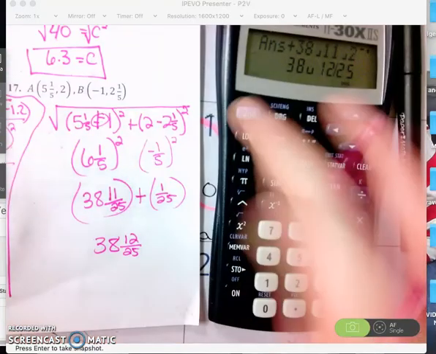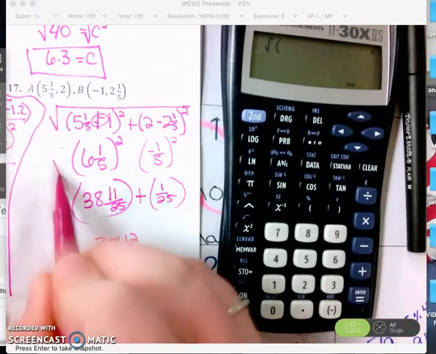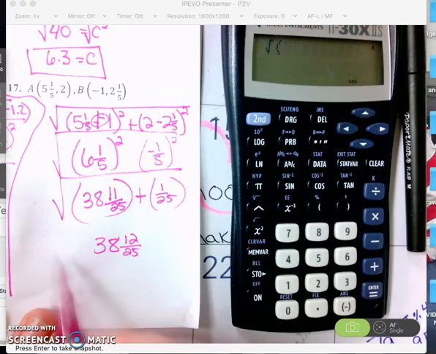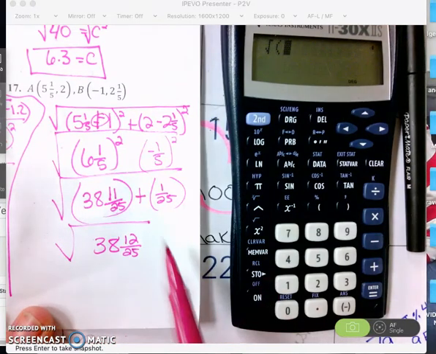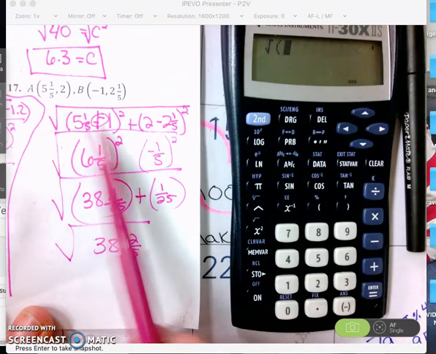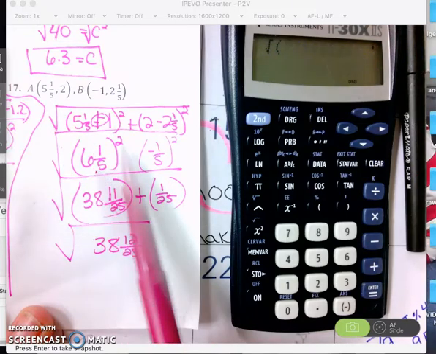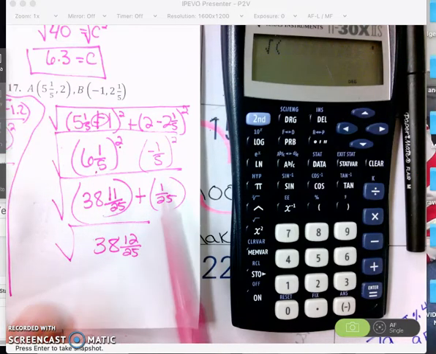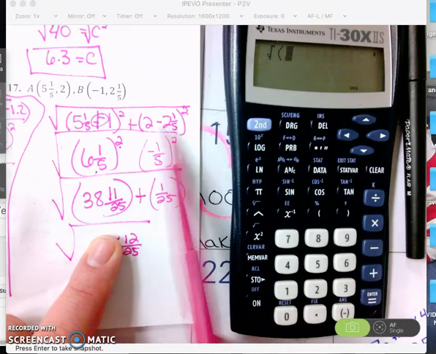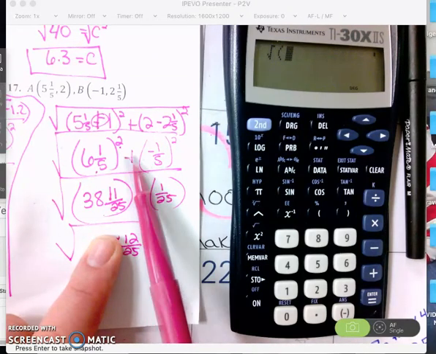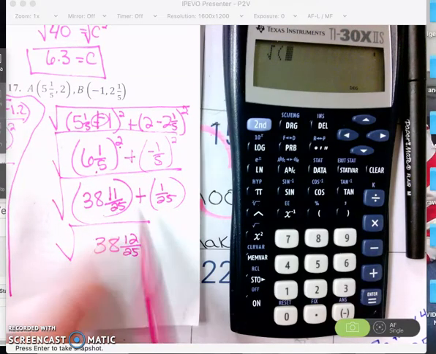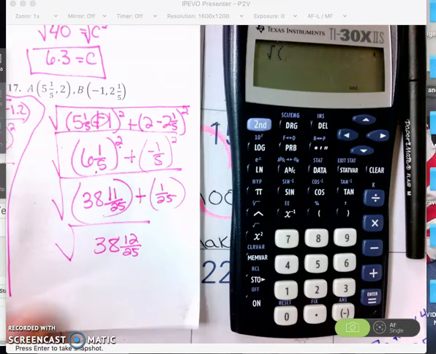And now I need to find the square root. So a lot of the times I forget my square root symbol. But main thing is you need to do the math inside here, then you square it, do math in here, square it, then you add them together, then you find the square root. Last thing is finding the square root.